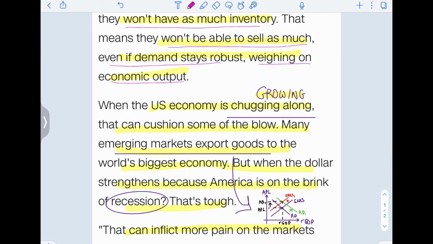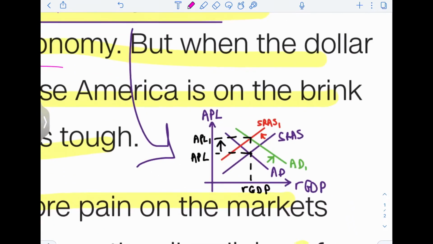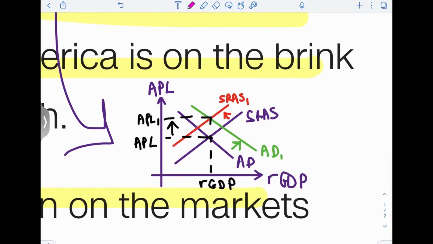Now, if the US economy is growing, it might not really be a problem because many of those LEDCs, those emerging markets, export goods to the United States economy. Okay? So, if basically the US economy was growing, the increase in AD as a result of the exports that the United States buys from those LEDCs will offset the decrease in short run aggregate supply.